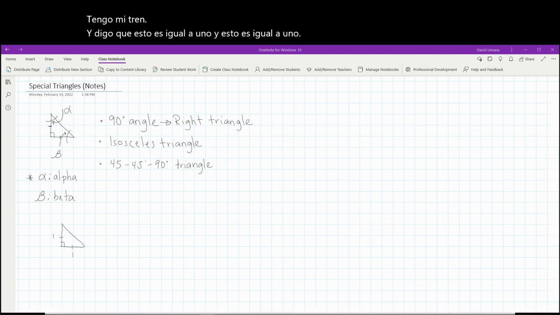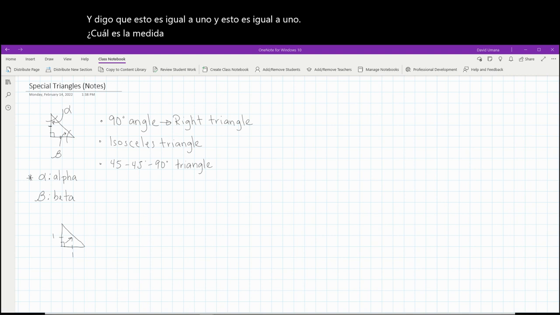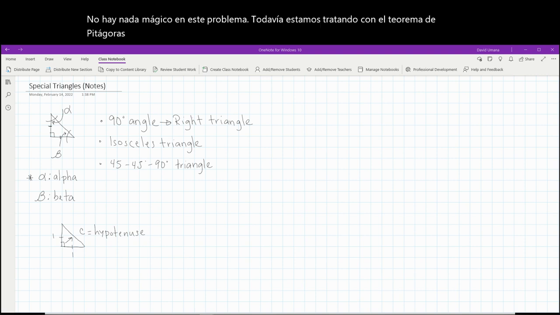What is the measurement of the hypotenuse? So there's nothing magical about this problem. We are still dealing with the Pythagorean theorem. And so as a result, I'm going to figure out the answer by applying the Pythagorean theorem.